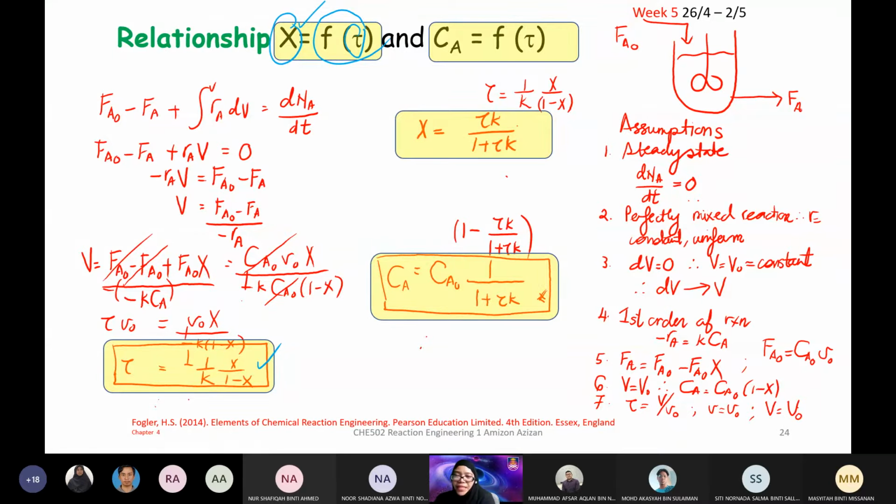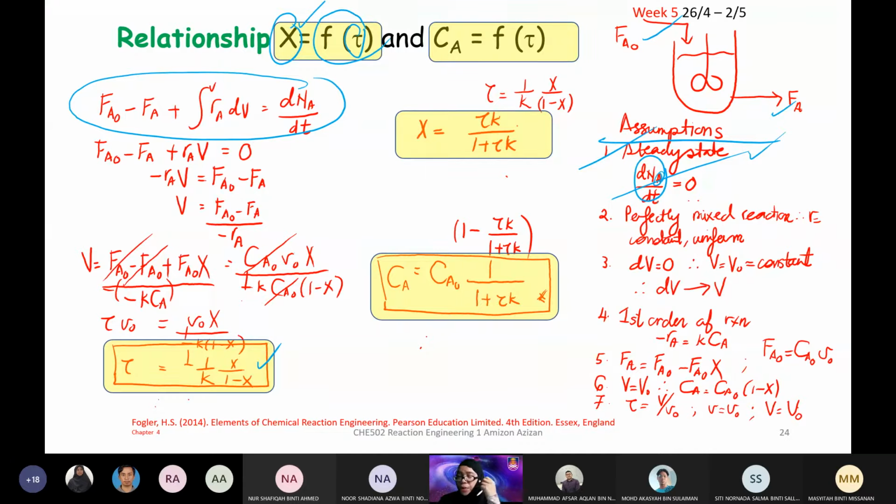It is simply by simplifying the mole balance equation which you started with for a CSTR, having the inlet and outlet. Then we use all these assumptions. Steady state: dNA/dt, if you are writing the mole balance for reactant A, which is assumed to be the limiting reactant, is considered zero, because at steady state the number of moles of A is no longer changing.